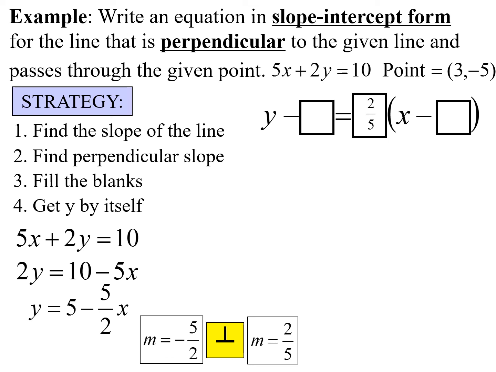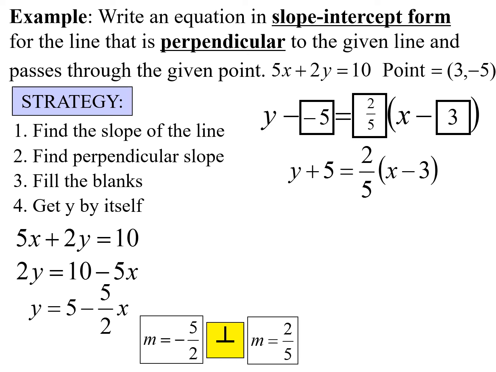I know that my perpendicular slope is 2/5. The y value of my point is negative 5, and the x value of my point is 3. Let's go ahead and clean that up where we can. At the beginning, we have y minus negative 5. That becomes y plus 5 is equal to 2/5 times the quantity of x minus 3.